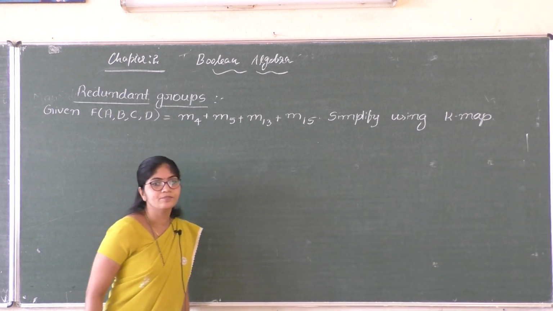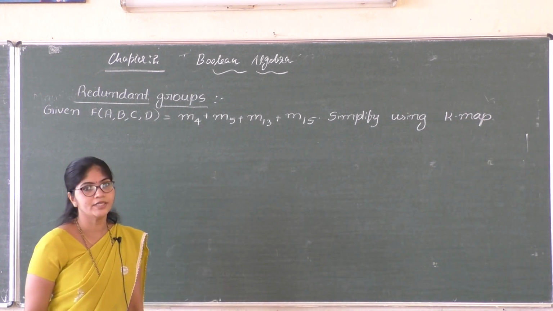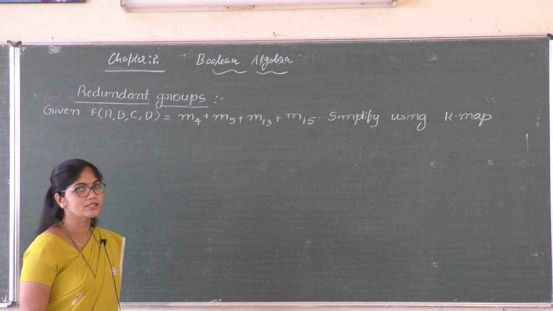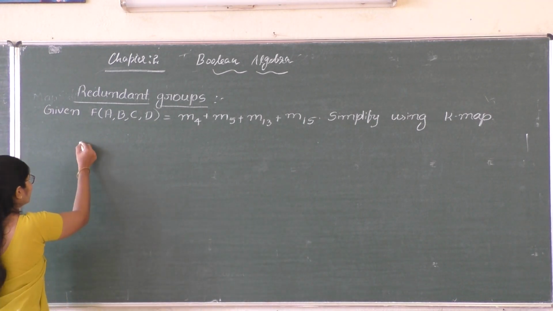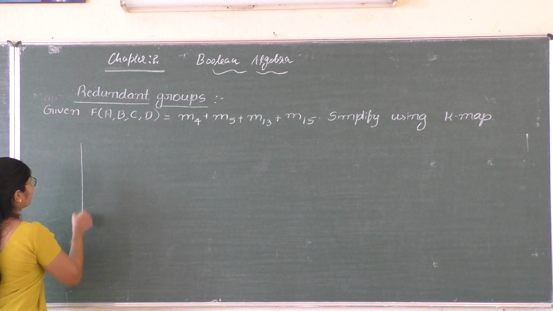Yes, in the problem there are 4 variables. Variables are A, B, C, D. So we shall draw a 4 variable K-map.